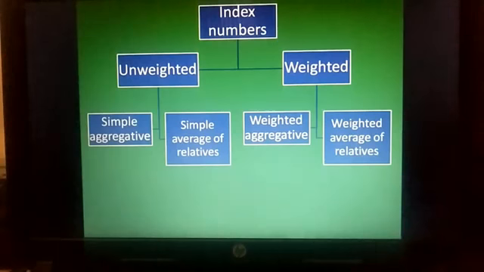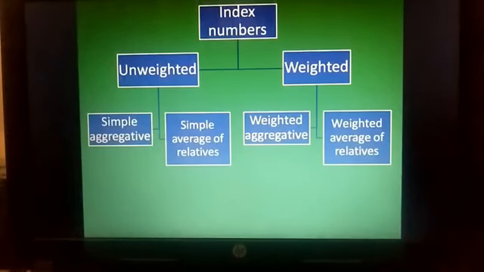This bifurcation of index numbers that we are seeing in this slide is very important in order to understand the remaining concepts of the chapter.